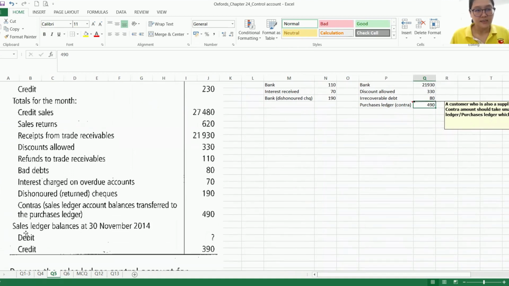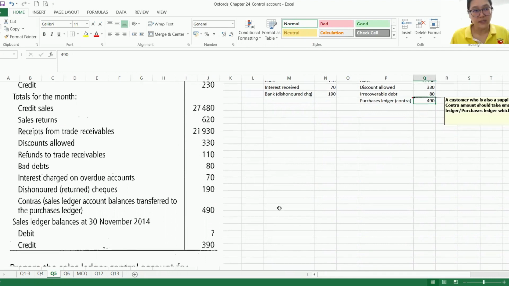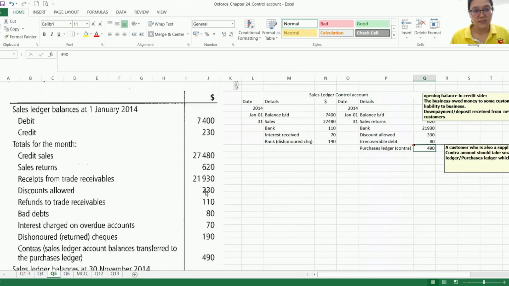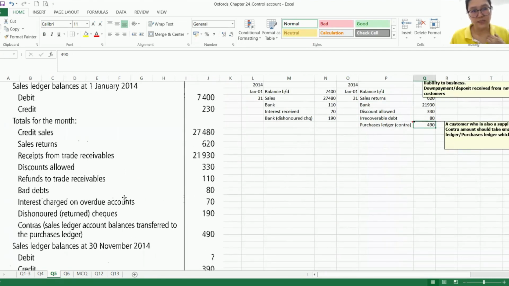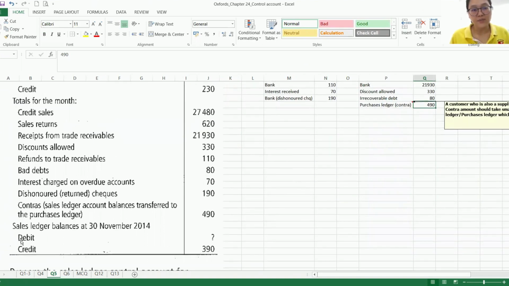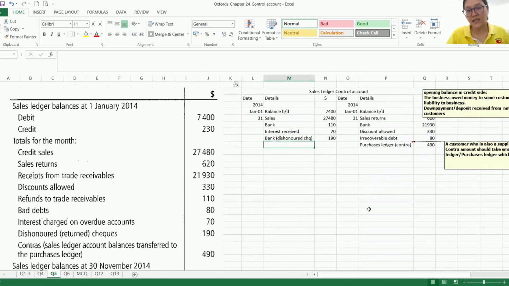Okay, next. Sales ledger balance. This is end of the month. We have, so this is a typo error. This one should be January. We use January for it. It's a typo error. Debit, they didn't tell us how much of it, but they give us the credit balance. Credit balance in here indicates the balance carried out.